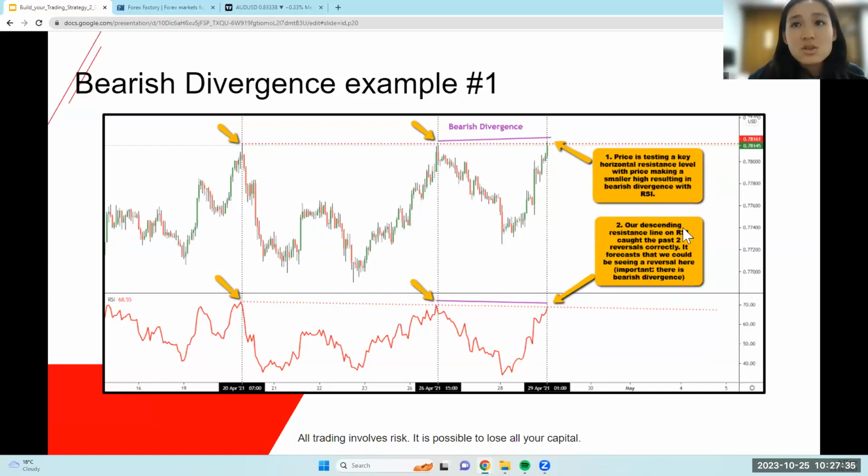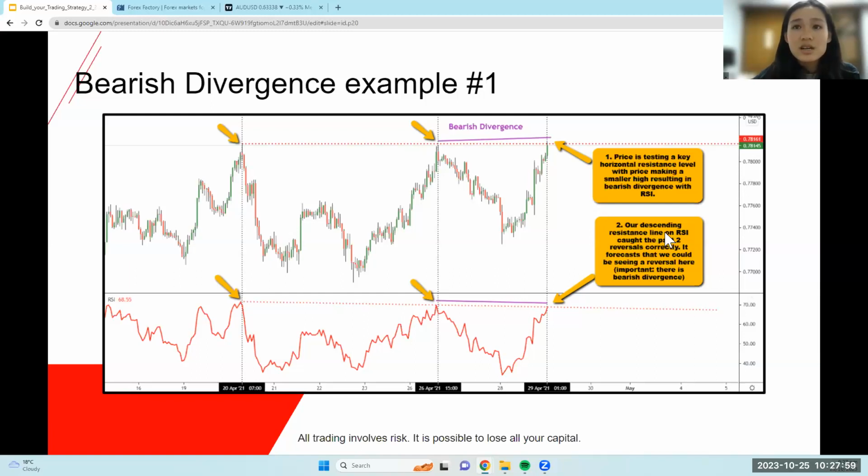Price is testing a key horizontal resistance level with price making a smaller high, resulting in bearish divergence with RSI. Bearish divergence is basically when on RSI or stochastic you see a descending trend line, whereas on our price chart it's staying at the same level.